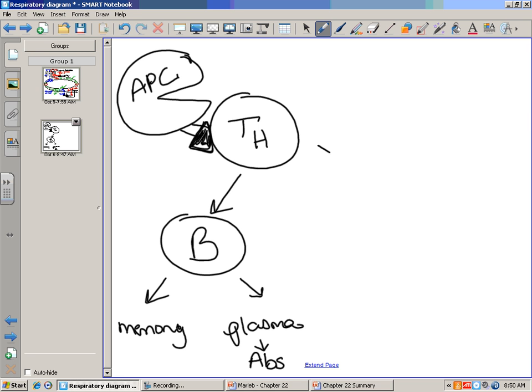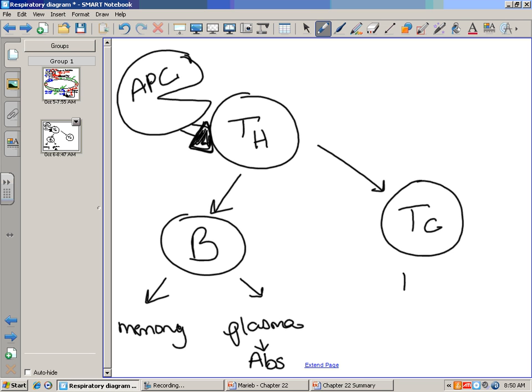Okay? The other thing that TH does is activates TC. Good. And what does C stand for? Cytotoxic. Okay, remember toxic, bad. Right? What does TC do? Good.